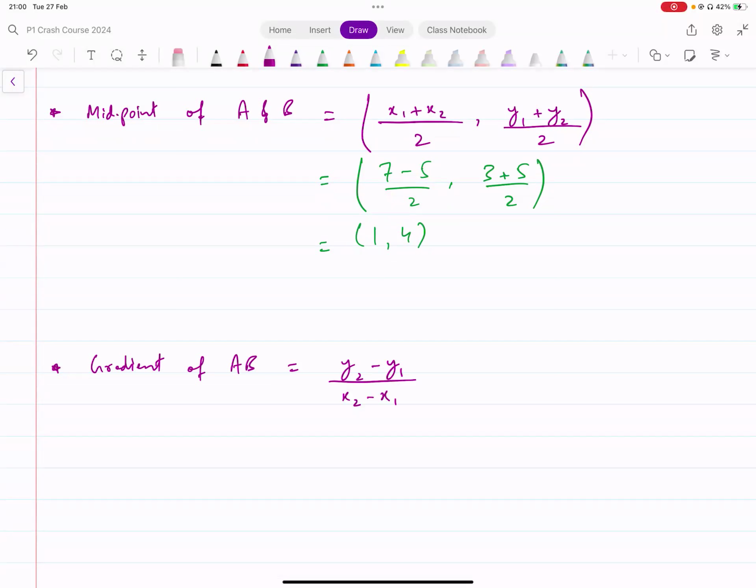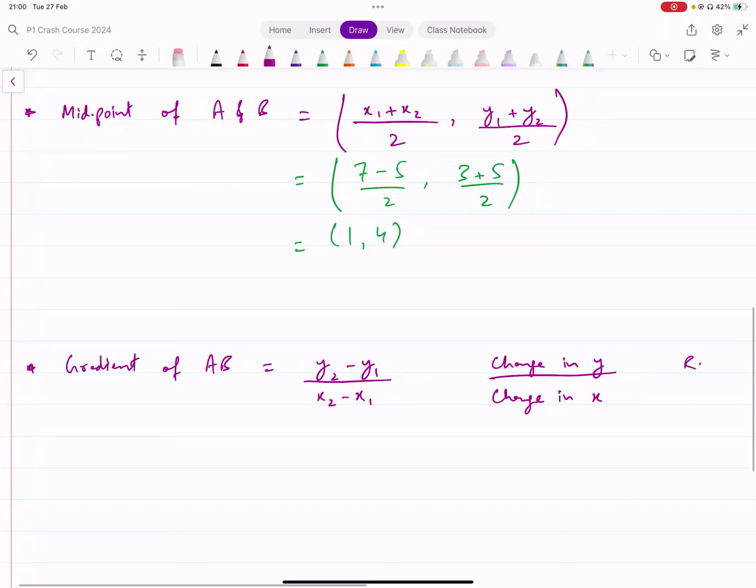The idea of gradient is we want to find the change in y over the change in x. How much is the y coordinate changing for 1 unit change in the x coordinate? That's the idea of the gradient.